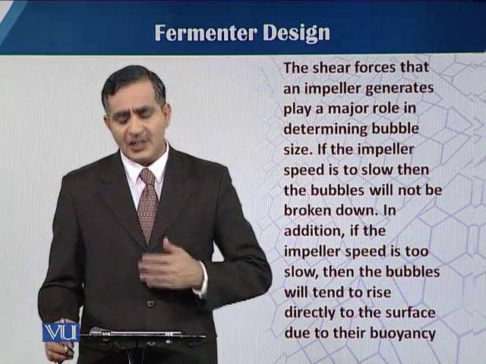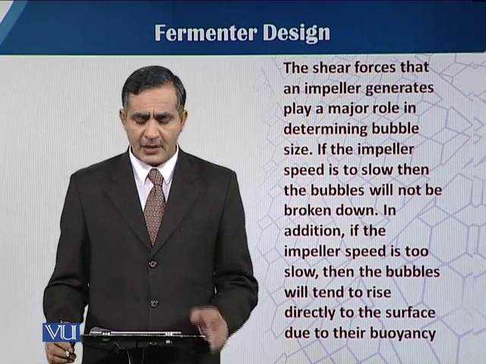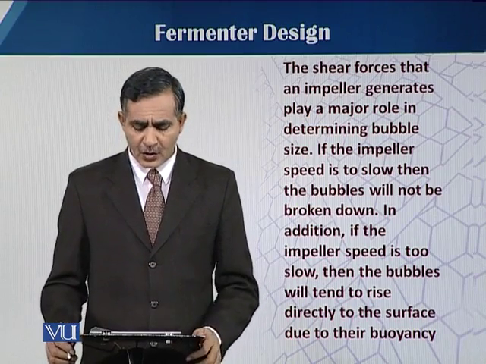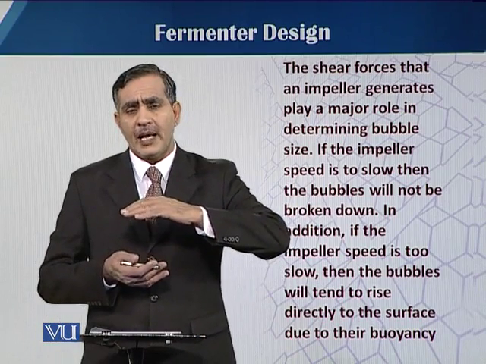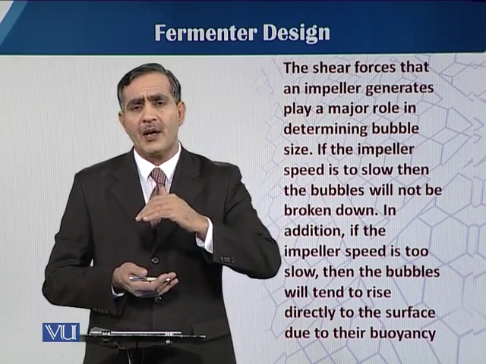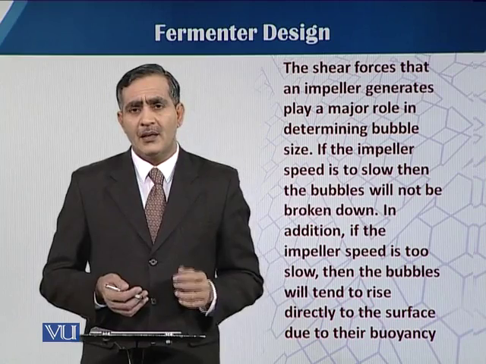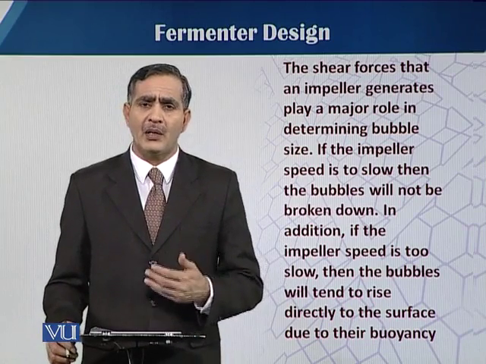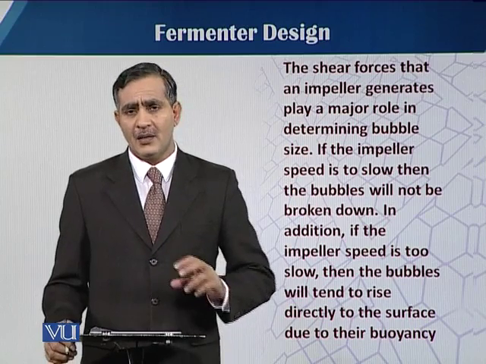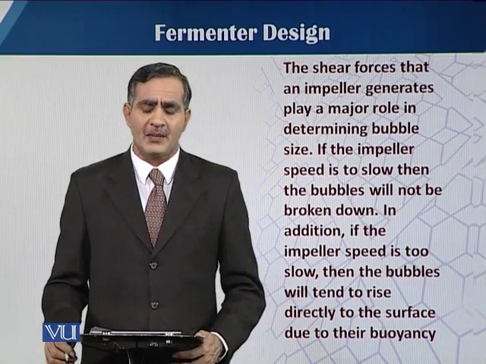The shear forces that an impeller generates play a major role in determining the bubble size. Besides the distance from the sparger to the impellers, the speed of the impeller also has a role in the formation of bubble size as well as the distribution of the bubbles.